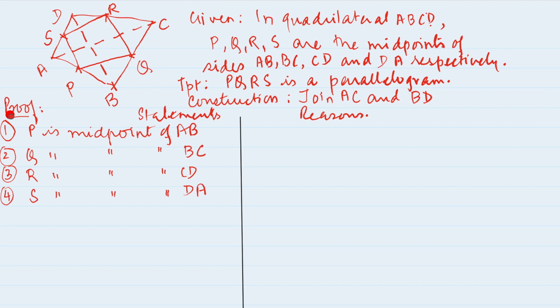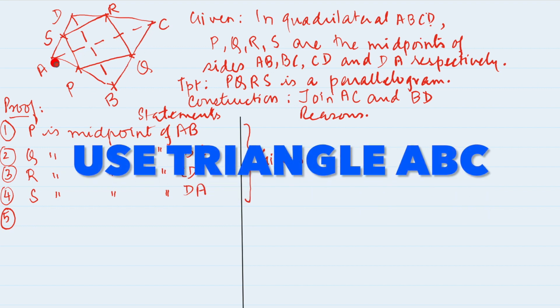All right, now for the proof, we divide this page into 2 halves, statements and reasons. And the first 4 statements are these, P, Q, R, S, they are the midpoints. All right, and for this the reason is it is given. Now let us take P and Q as the midpoint, then we need to use triangle ABC.